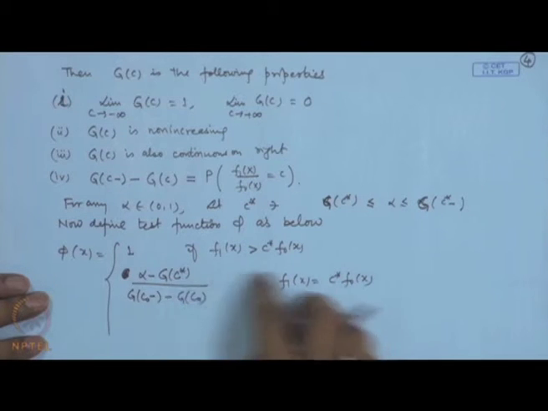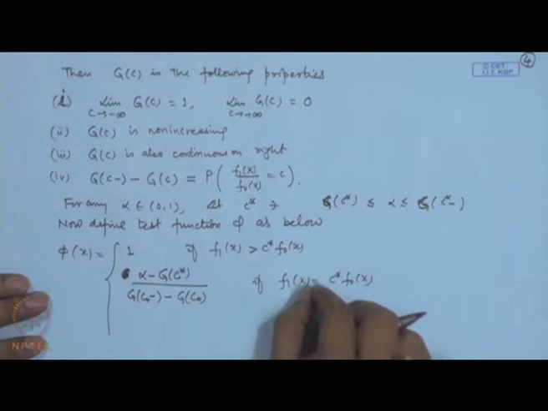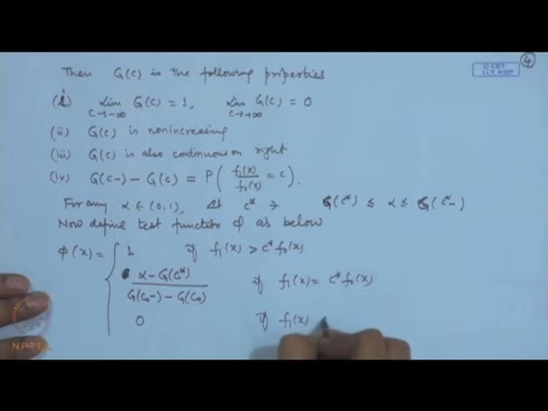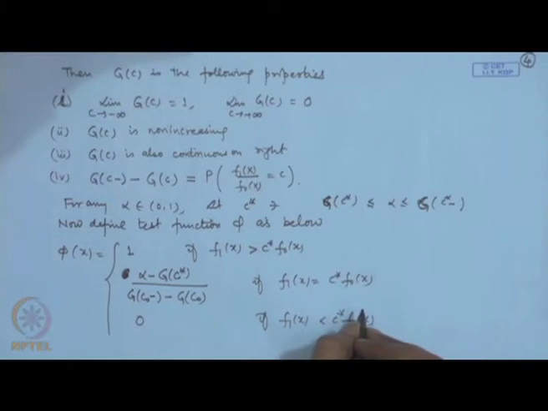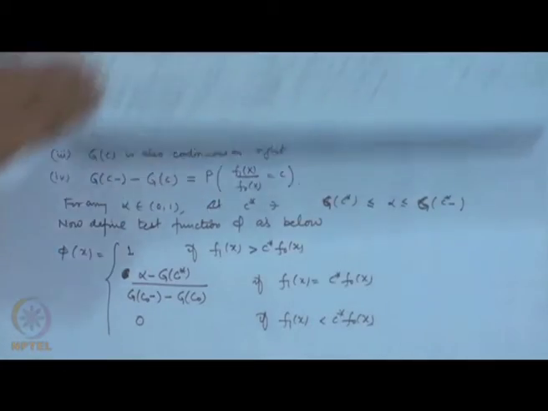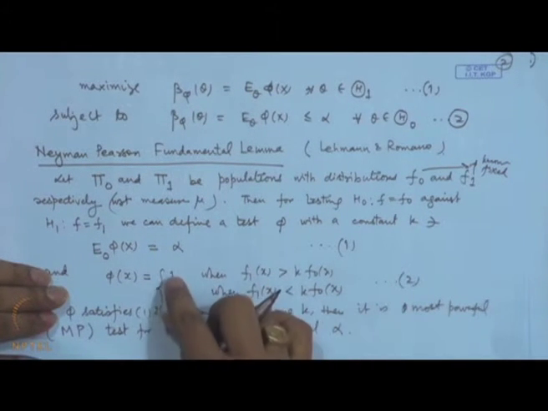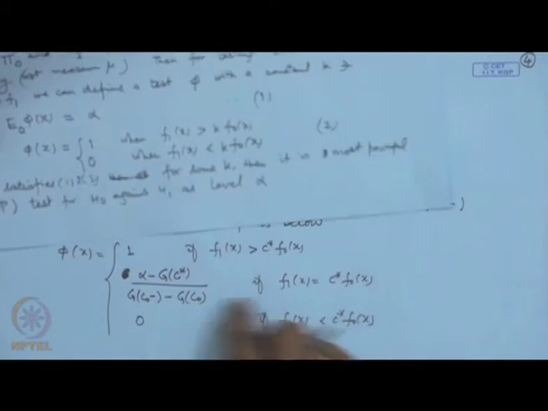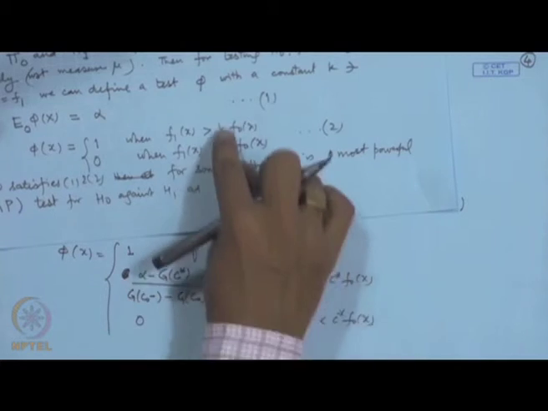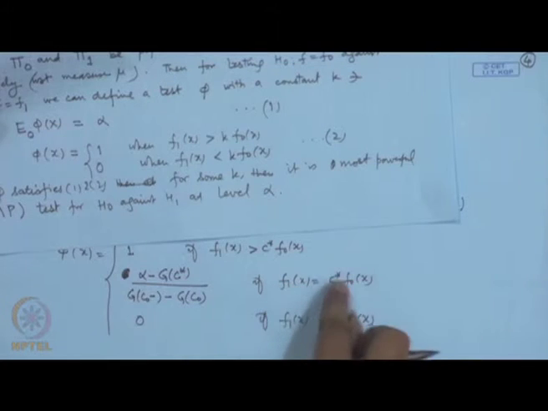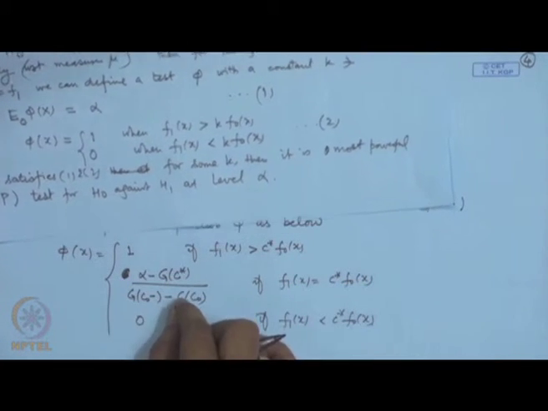This is the randomization part, because in the discrete case there may be a positive probability of this. So, there we are assigning a value, and it is equal to 0 if f1(x) is less than c star f naught(x). Note that in the statement of the lemma, we have taken two parts, 1 and 0, and these parts match here. So, this k is equal to c star. The unspecified portion, that is f1 equal to c star f naught(x), we have now specified here.